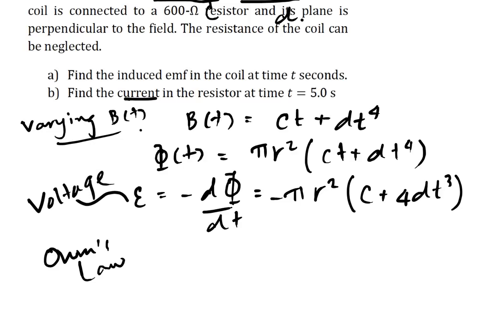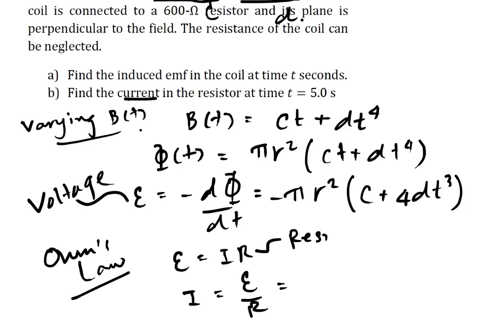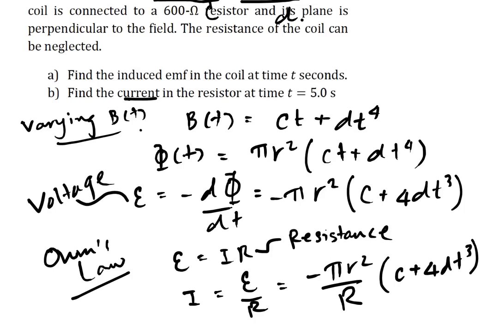So when you consider Ohm's law, you just get E equals IR, and the current is EMF over R, where R is the resistance, not the radius. Okay. So you should come up with something like pi r square over resistance and times by those functions at the back, and that will be your answer.